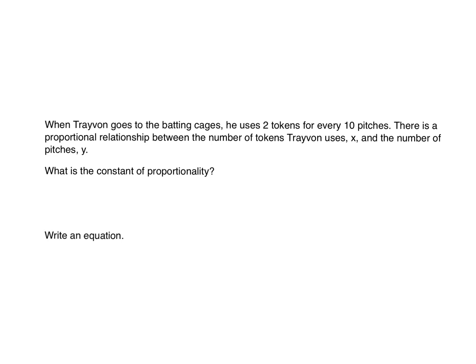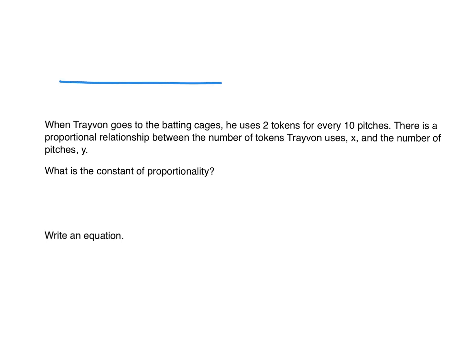So Trayvon goes to the batting cages and he uses 2 tokens for every 10 pitches. So it would make more sense to think about finding the constant of proportionality where we would figure out how much for 1 token rather than how much of a token for 1 pitch.